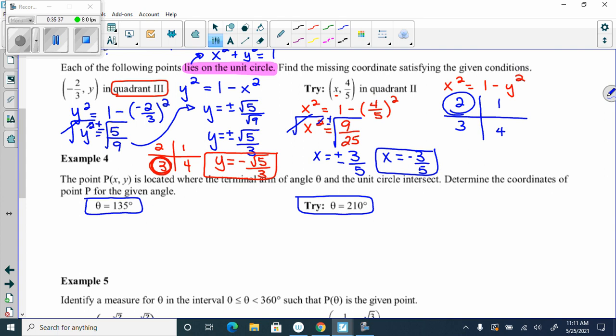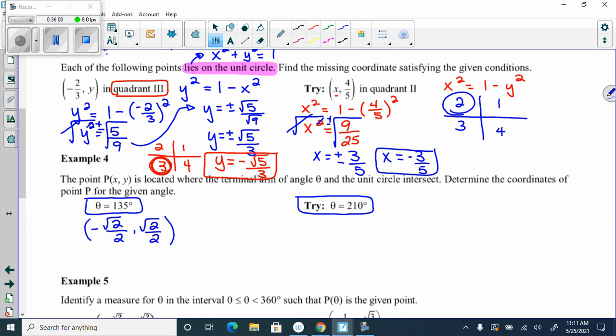Oh, they're still easy. Both of them are on the unit circle. So for 135, you should get negative root 2 over 2 and root 2 over 2.